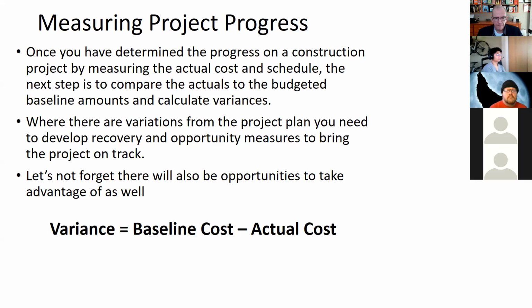But if we're looking at it from a point of view of how are we actually doing on this project, at the end of the day, you're looking at your baseline cost, which would be your budget amount, minus your actual costs. And how are we doing on the overall project up to what we've done and individual line items. And if we're losing in one particular area, why are we losing there?